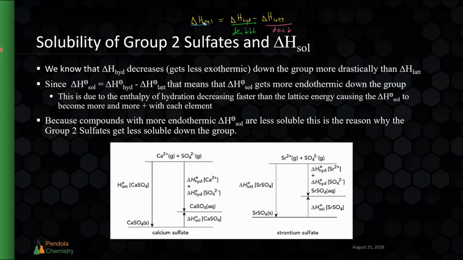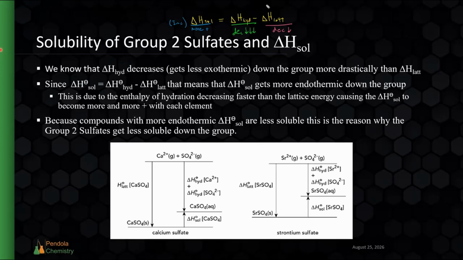So what happens to the enthalpy change of solution? What you need to know is that it gets more positive, or we can say it increases essentially, as we go down the group, because this negative number, because remember the lattice energy is negative, is decreasing less rapidly. And when we subtract the negative, we get a more positive number.